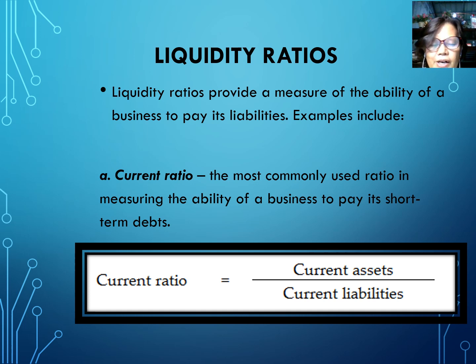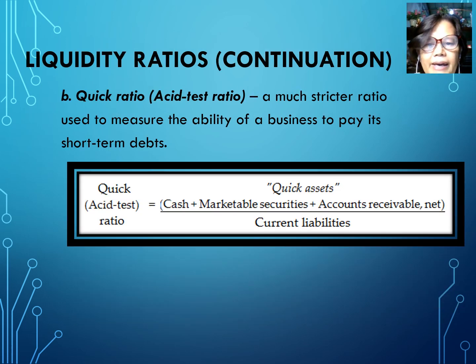Ano? So, remember the formula for the liquidity ratio? Current ratio equals current assets all over current liabilities. Okay? Let's move to liquidity ratio. This is number 2 example in the liquidity ratio.